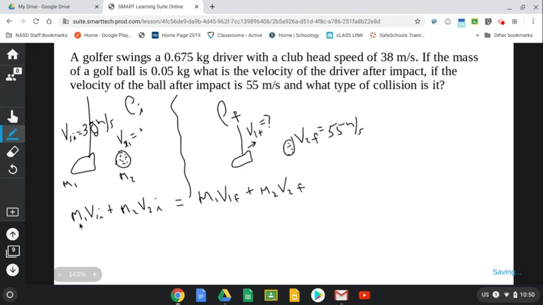Okay, so the mass of the driver, 0.675 times the velocity of the driver, 38, plus 0.05 times 0.